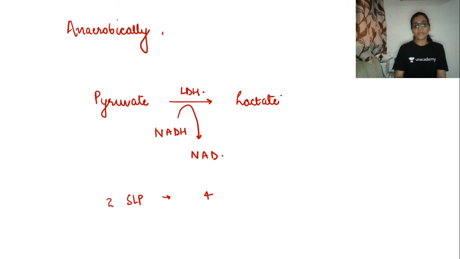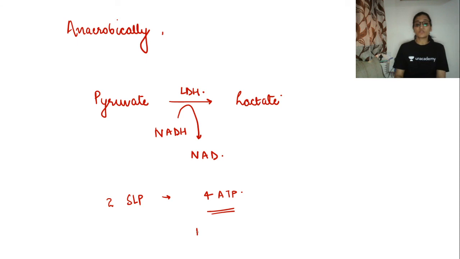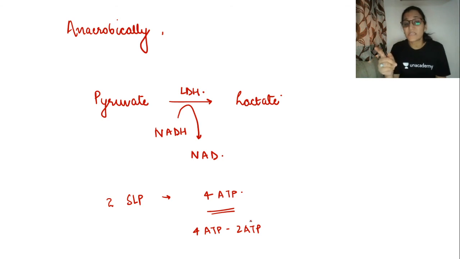So 2 substrate level phosphorylations give rise to 4 ATPs, and 2 ATPs will be utilized for joining of the phosphate groups. So there will be 4 ATP minus 2 ATP which are utilized. Why are we not taking the NADH into account?